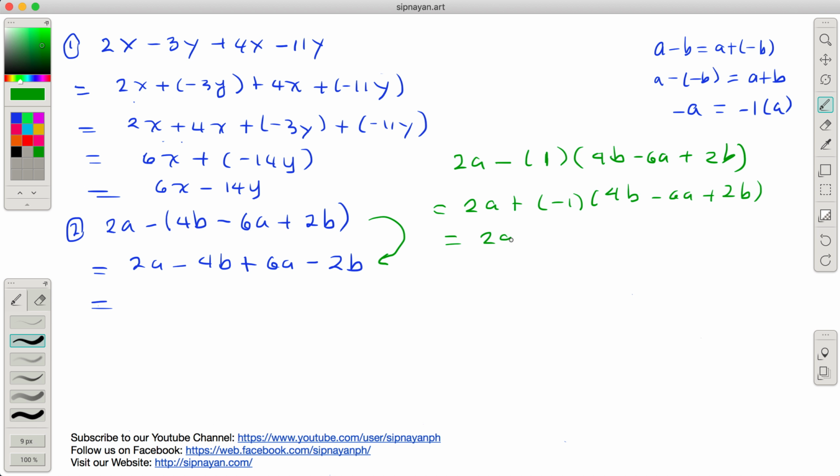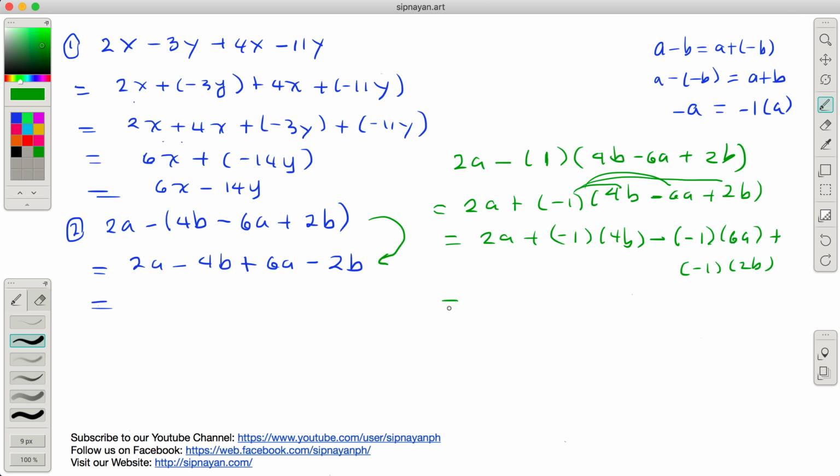So, magiging 2a plus negative 1. Distribute ko to, di ba? Times 4b. And then minus, I have a minus here. 6a times negative 1, ba? Negative 1 times 6a. And then plus negative 1 times 2b.